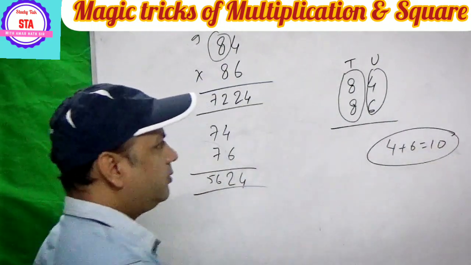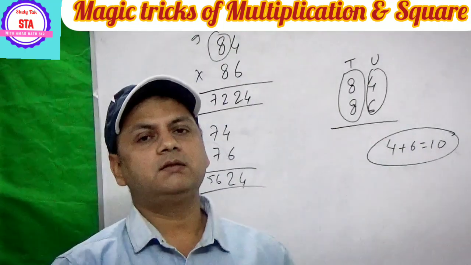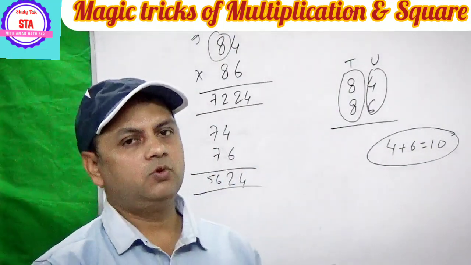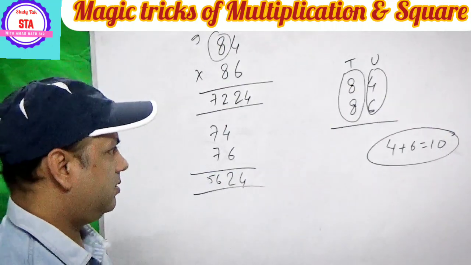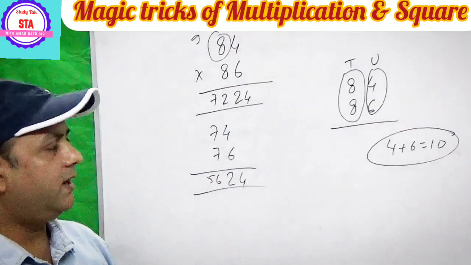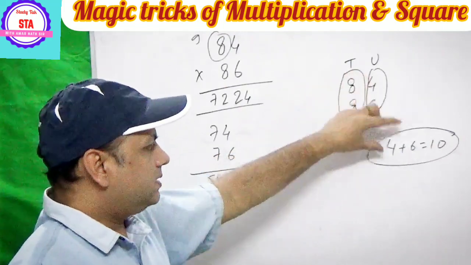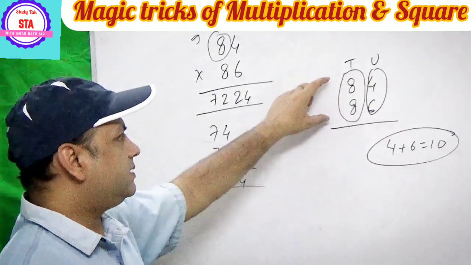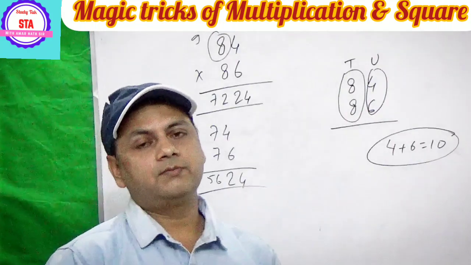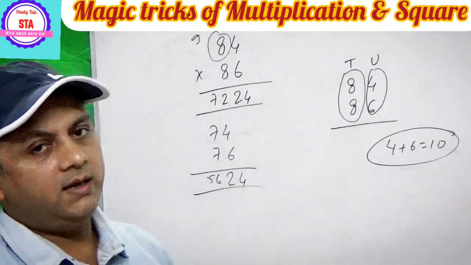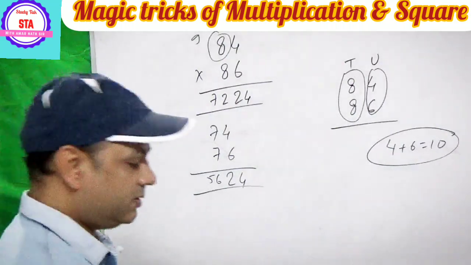When the sum of the unit place is 10, then this trick is applicable. You can multiply through this method only when the sum of the unit place equals 10 and the tens place is equal. Then you can use this method. If not, you cannot use this method.